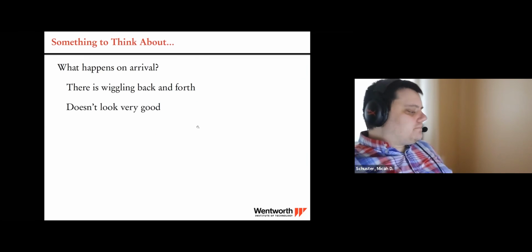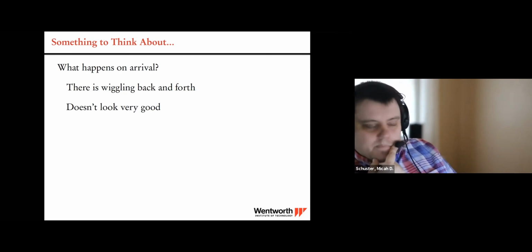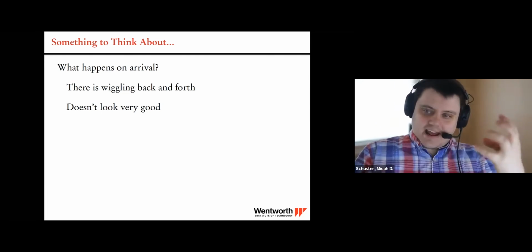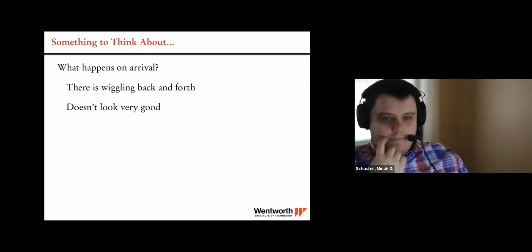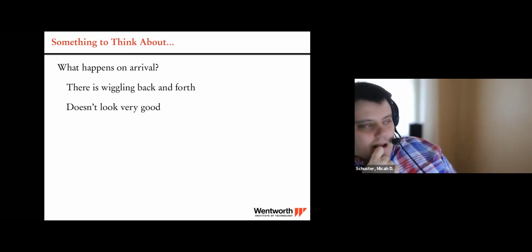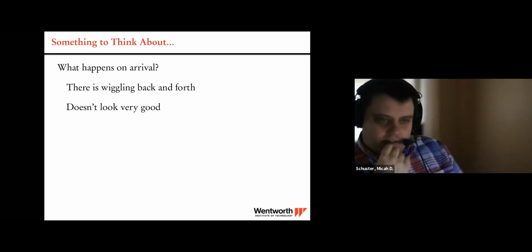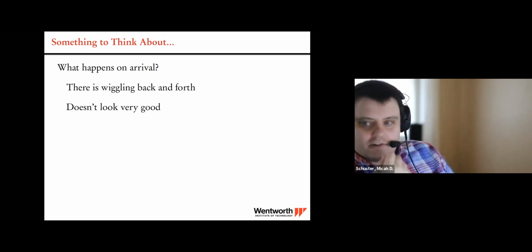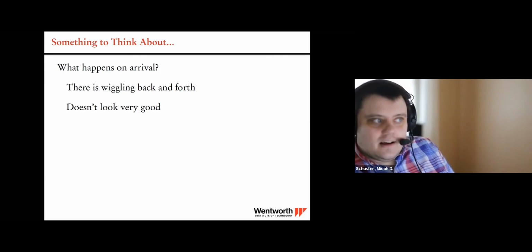All right, so when you arrive, let's say you had a static object and you had an enemy moving towards that static thing and you wanted it to stop. There's a wiggle that happens because you never actually get to exactly the position that you're trying to get to. There's always a little bit of overshoot. The reason for that is because the game world isn't continuous in terms of time.